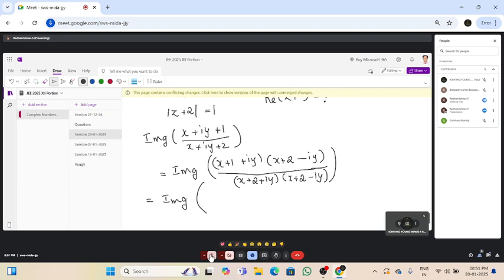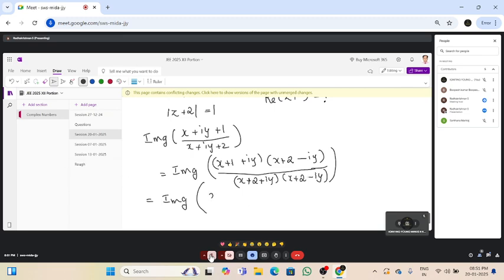When we multiply (x + 1 + iy) into (x + 2 − iy), we can write the real and imaginary parts separately. Now the denominator will be real, because multiplying a number by its conjugate makes it real.